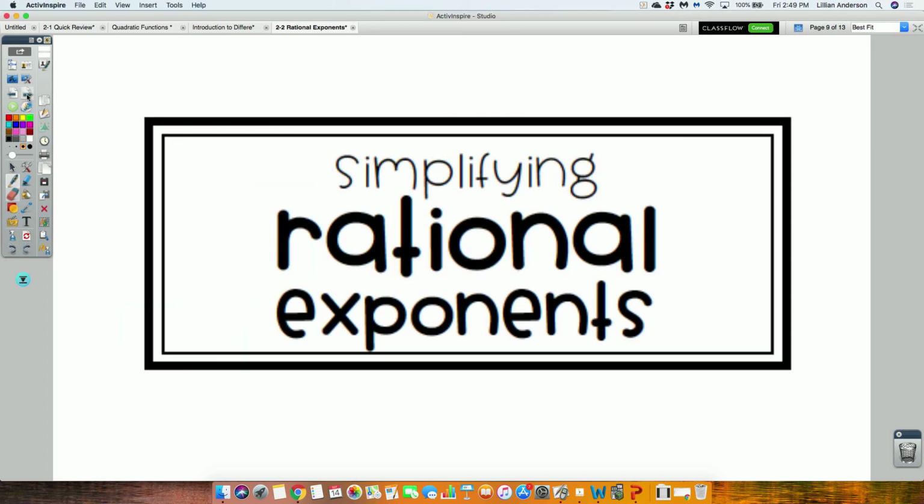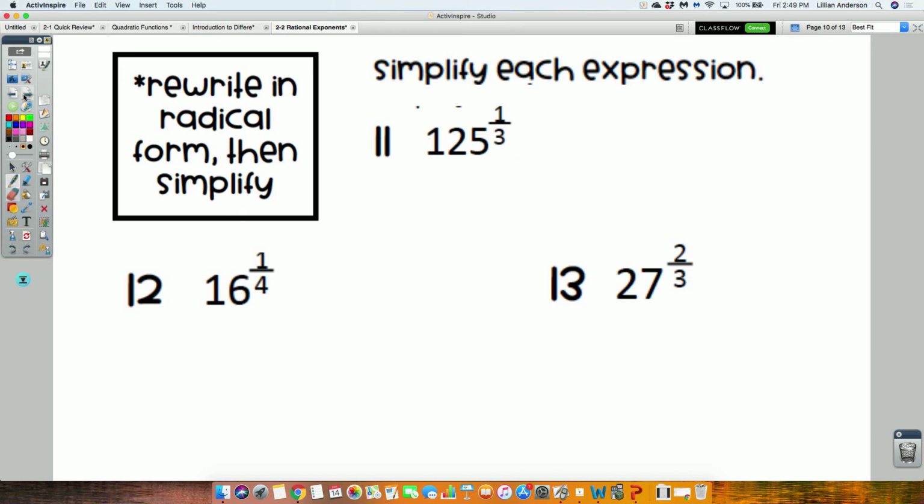Last one, putting it all together. Rational exponents, you can simplify them because since they're rational exponents, you can rewrite them as a radical and then use the skill from the very first class to simplify them. So for example, number 11, you have 125 to the 1/3 power.